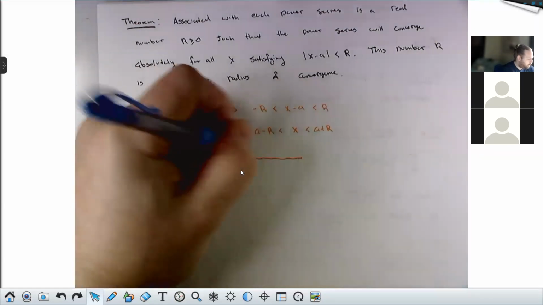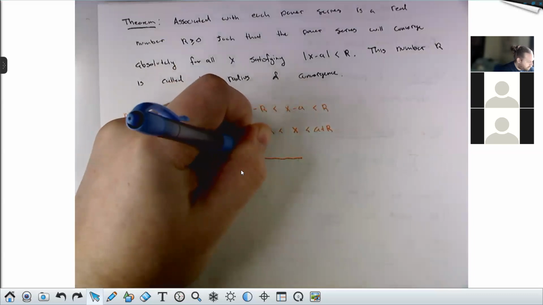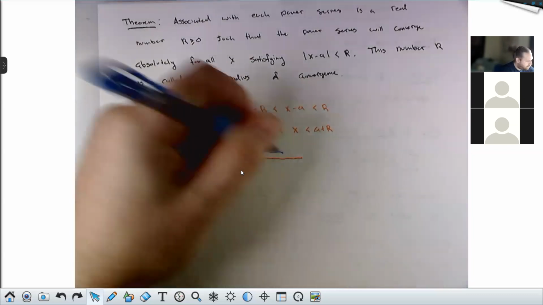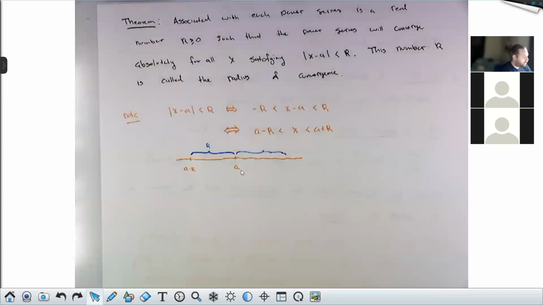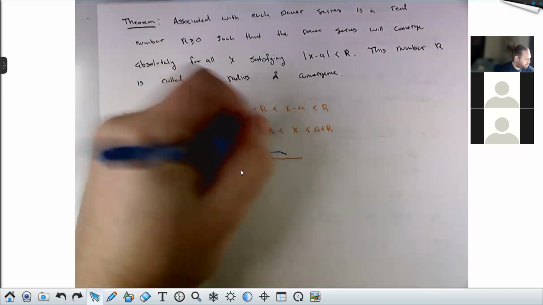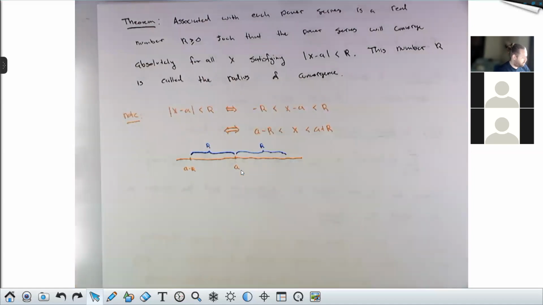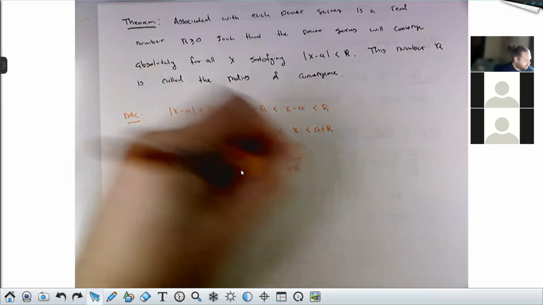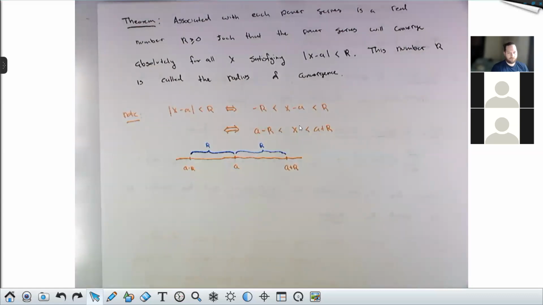And starting at a and walking to the right by r units gets me to a plus r. And what you notice is that the solution to this inequality is all of the x values that are in here.